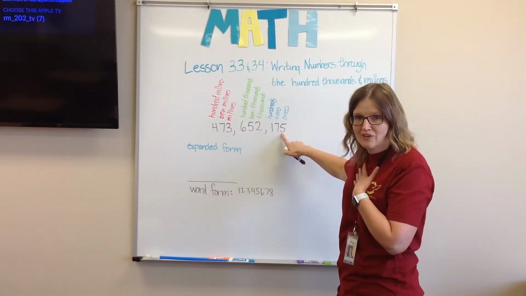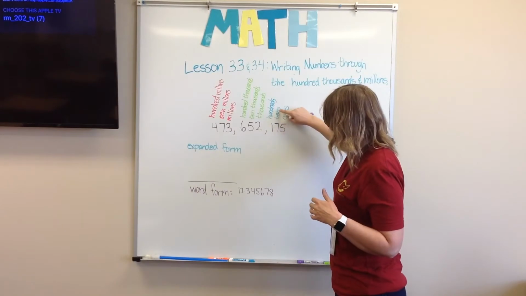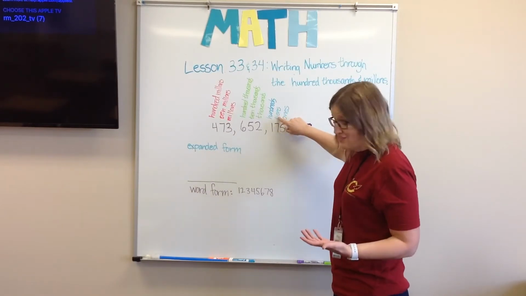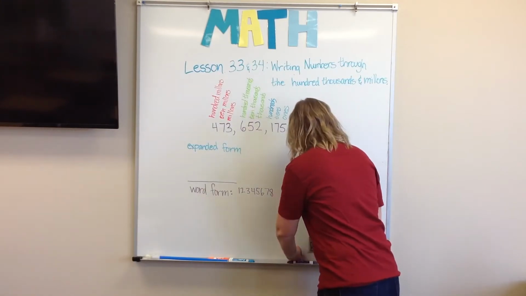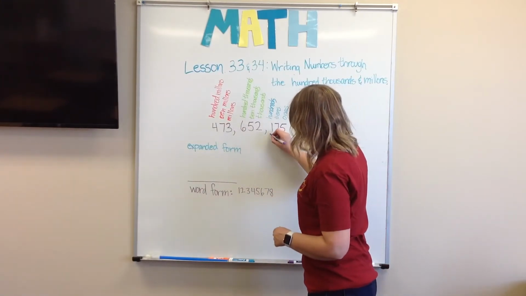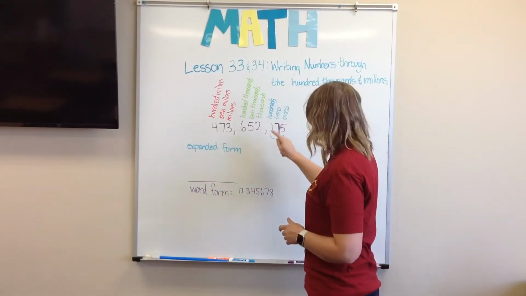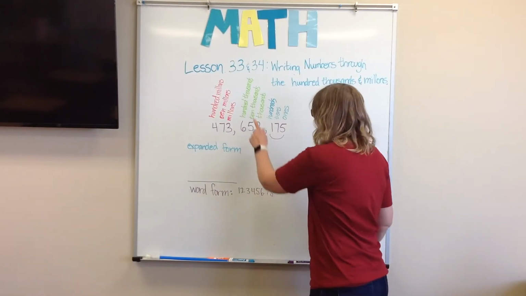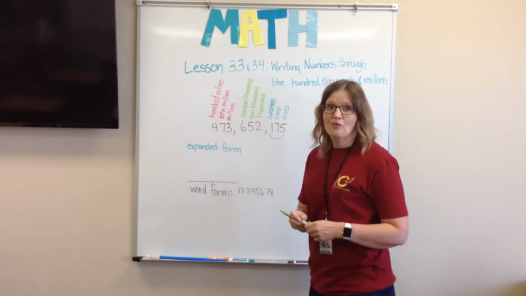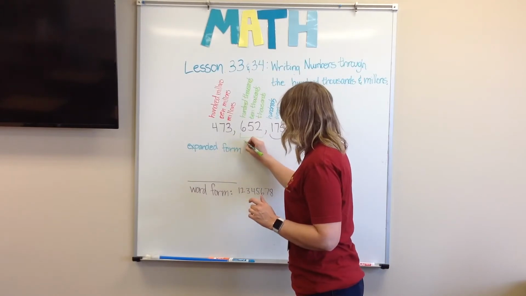We know about ones. Then we go up to the tens, and then the hundreds. Once we've had the tens and hundreds, we move on into the thousands. This is the thousands family.